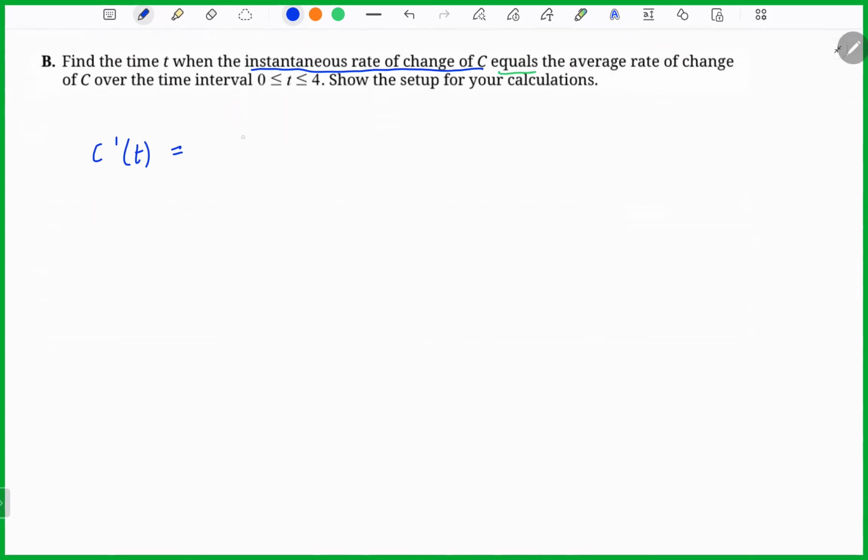Well, that would just be C of 4 minus C of 0 all over 4 minus 0. If this is reminding you of the mean value theorem, you're reminded correctly. We're not being asked, though, to show that a solution exists, simply to find the solution. So there's no reason for us to state the mean value theorem for this problem. Instead, we simply have an equation that we need to solve.